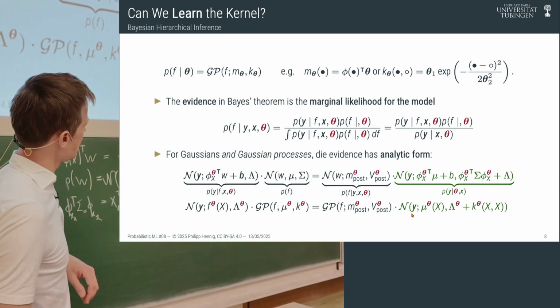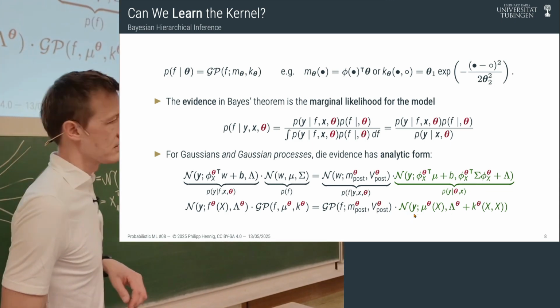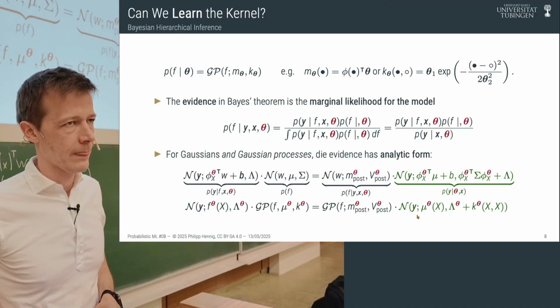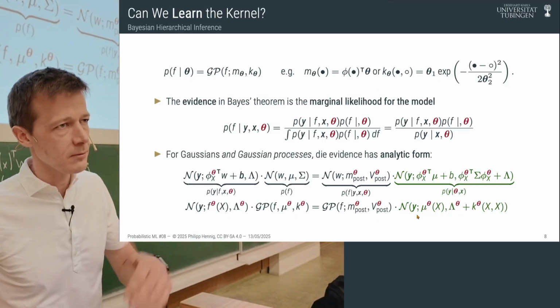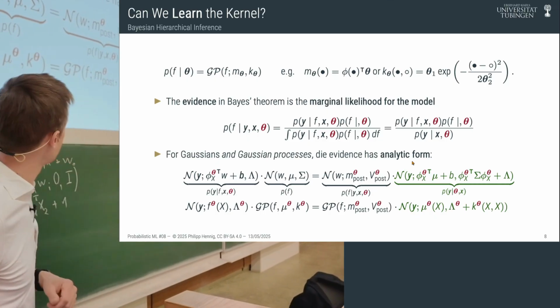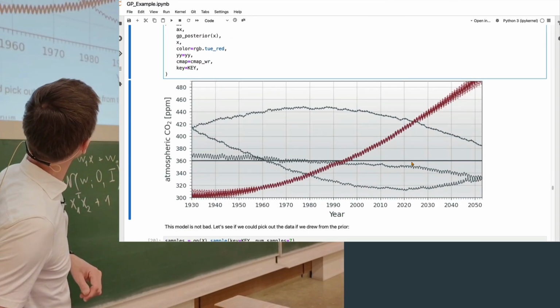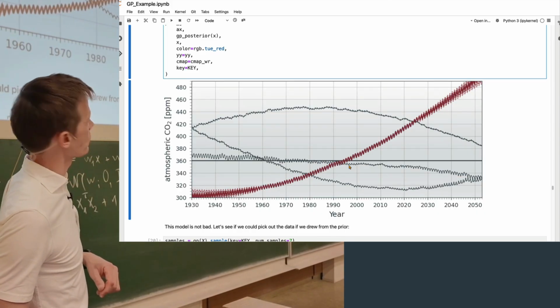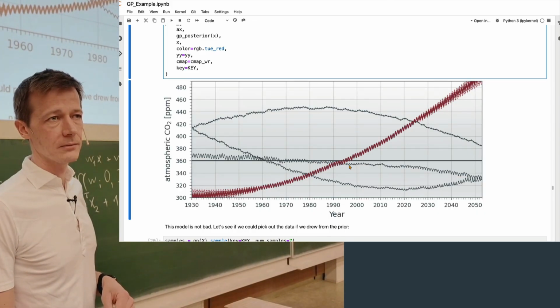So our evidence is actually just this. It's the probability for the data under the prior model without having conditioned. Not the conditional distribution, but under the prior distribution. It is literally the probability for these red or blue data points under this distribution over function values that you see in the background.